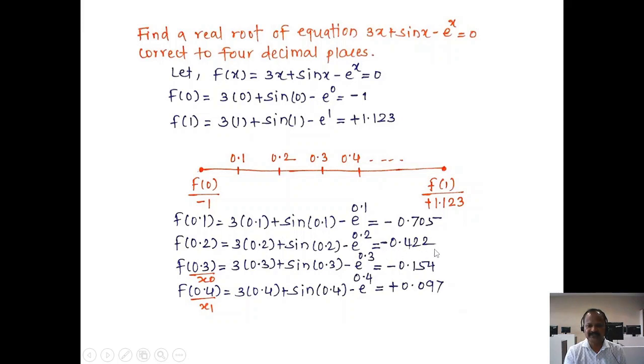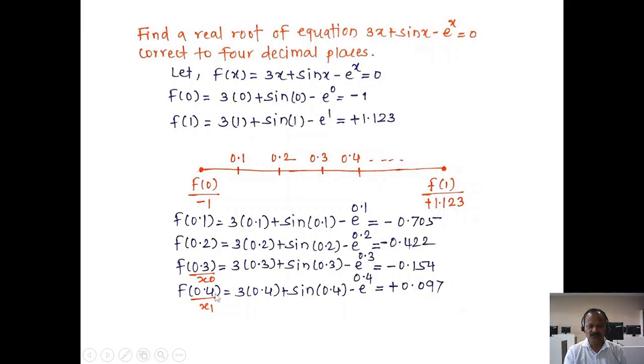Again this answer is negative. f(0.3) is equal to 3 into 0.3 plus sin of 0.3 minus e raised to 0.3, equal to minus 0.154. Again this answer is negative. f(0.4) is equal to 3 into 0.4 plus sin of 0.4 minus e raised to 0.4, equal to plus 0.097. Now this answer is positive.